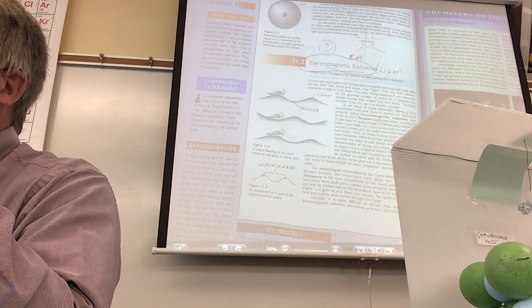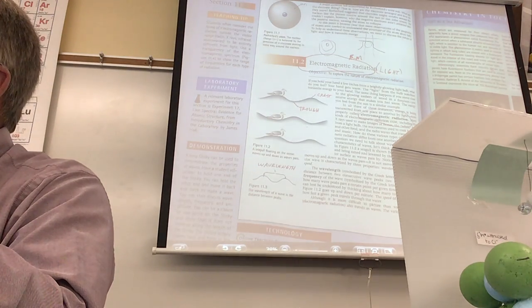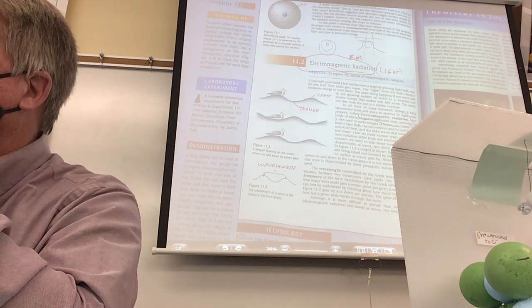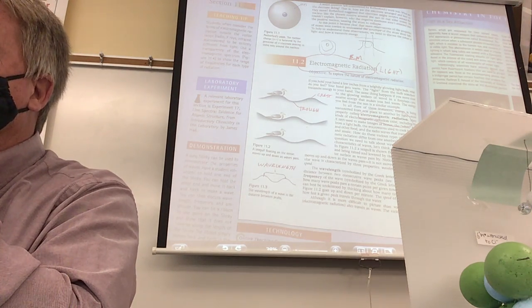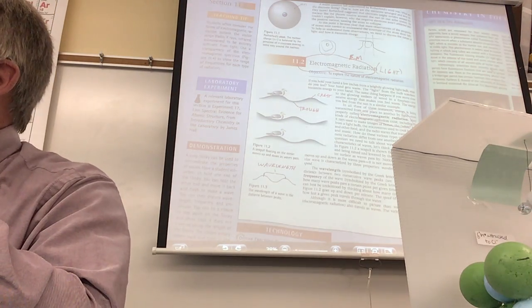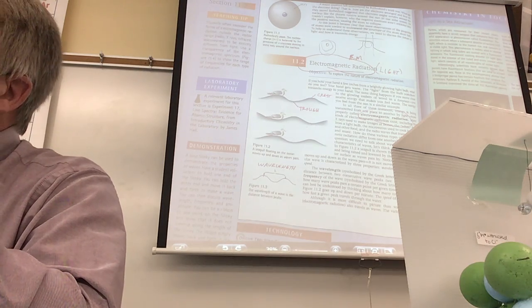Then he put a thin piece of gold right in front of that beam of radiation. You would have thought that it would have blocked most of the scintillations, but it was almost just as bright as if he didn't have the gold there.